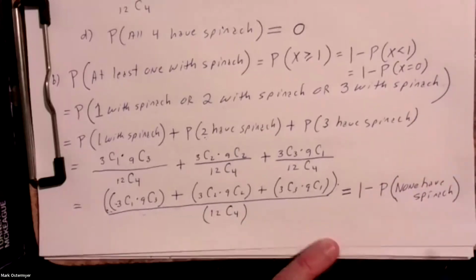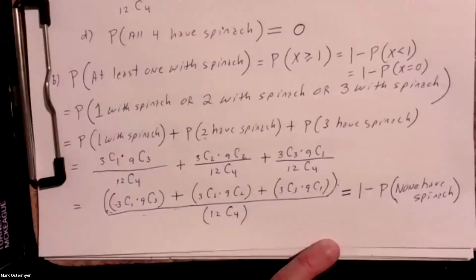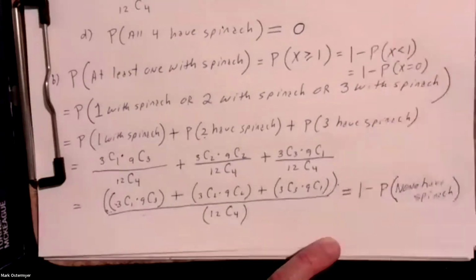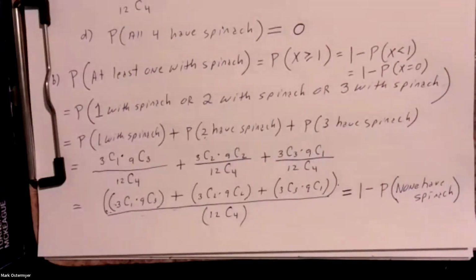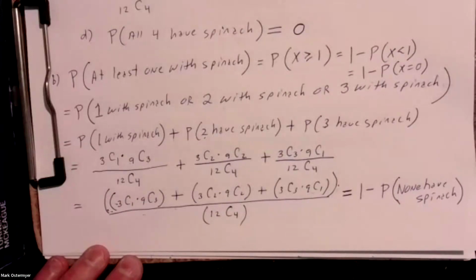Wait a minute, didn't we compute that in one of our problems? The probability that none have spinach? I could have sworn we computed that one. Wasn't that one of the ones we computed for this problem? Or maybe I'm hallucinating. No, it was part A. What was the probability that none had spinach? What did we get for A?